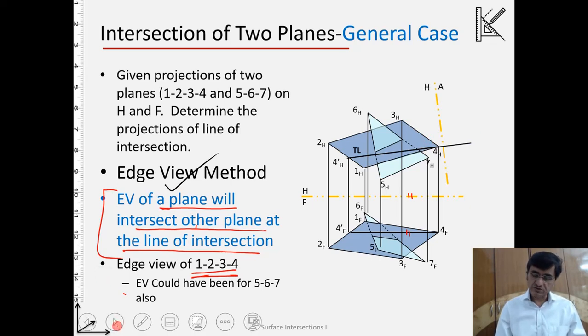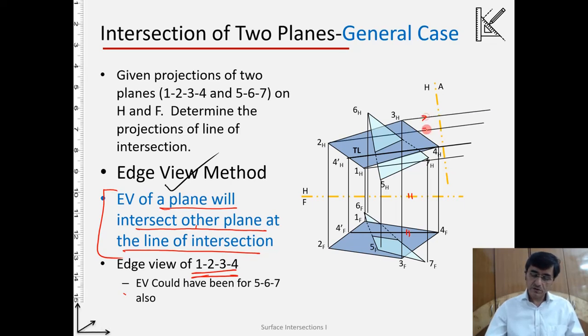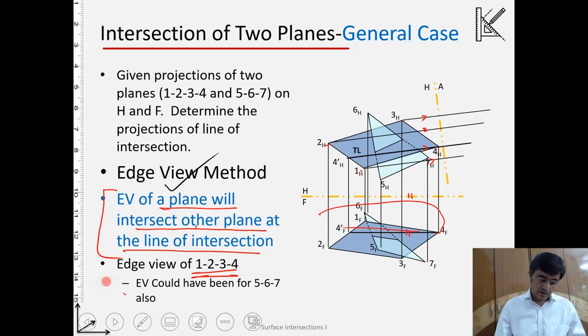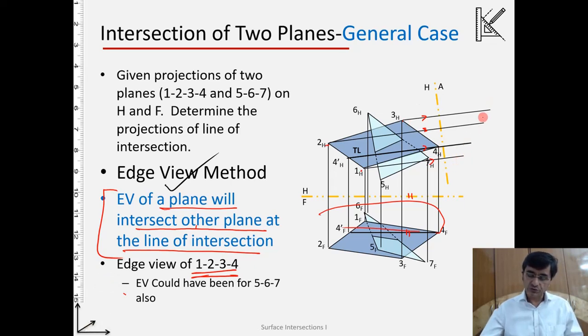So that's the auxiliary plane, and on the auxiliary plane, now I'm taking the projectors. Of course I am measuring the distances from here to the corresponding points 1 2 3 4, and I'm plotting the S-view. So over here I will be plotting the S-view of the plane 1 2 3 4.